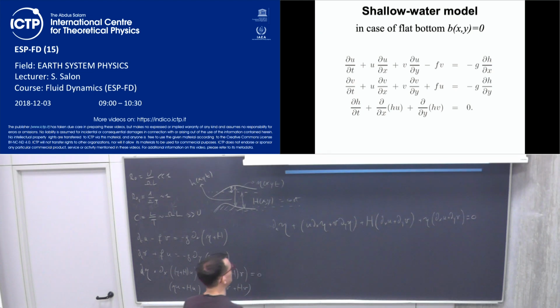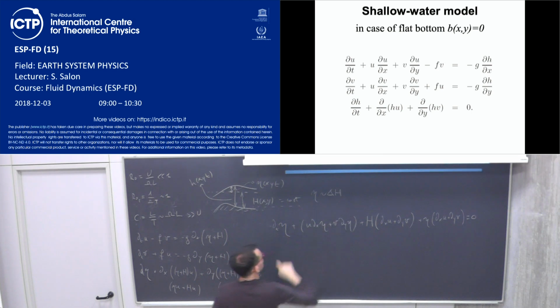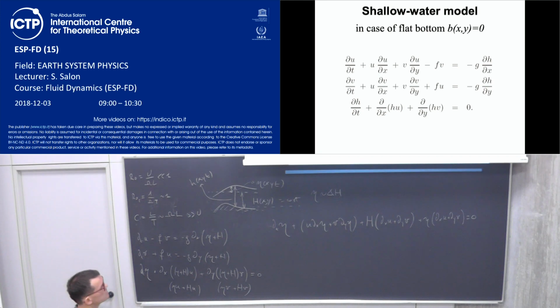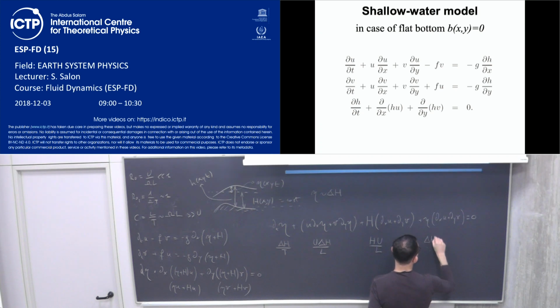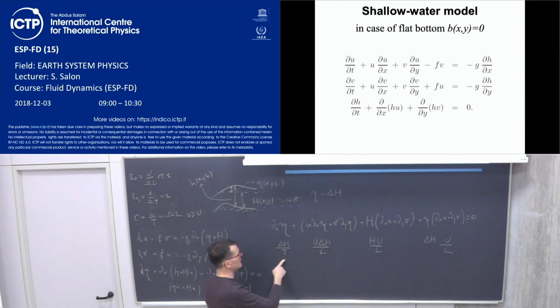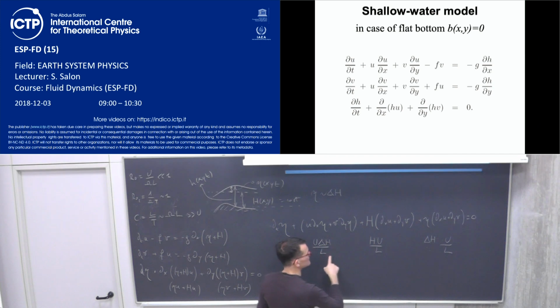Okay, again, scale analysis. So we will give a new scale to eta, which is delta capital H. So this will be delta capital H over T. This will be U delta capital H over L, okay? This will be H U over L, and this will be delta capital H U over L. So we have 1 delta H over T, 1 H U over L, and 2 U delta H over L.